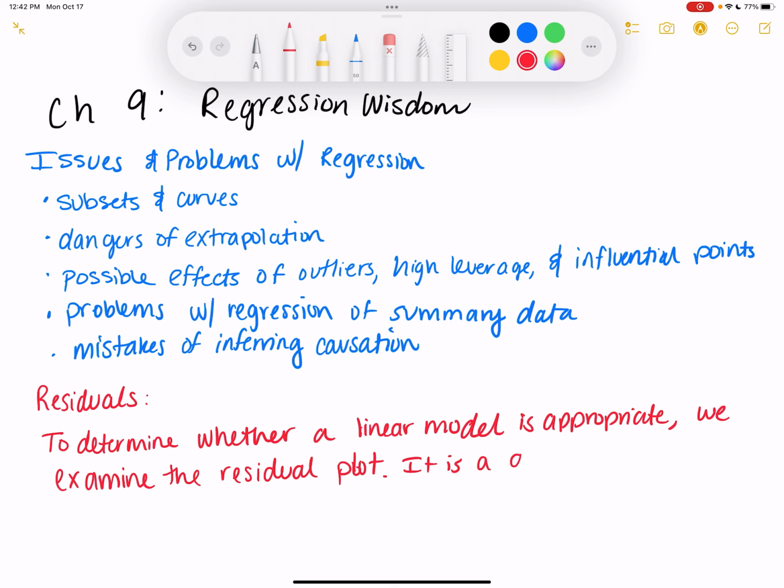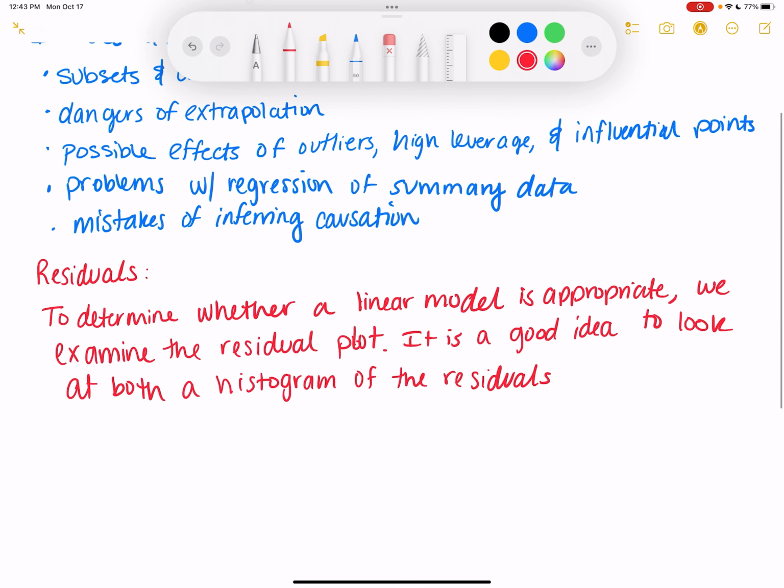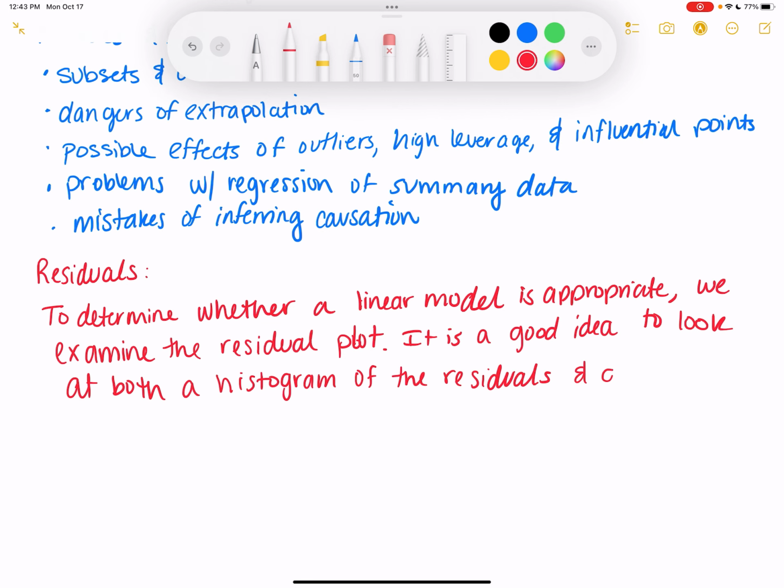It is a good idea to look at both a histogram of the residuals and a scatter plot of the residuals versus the predicted values.